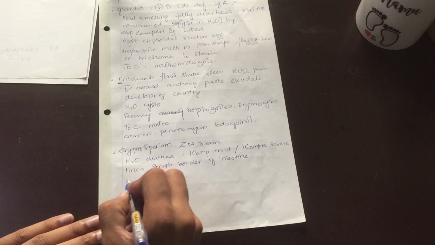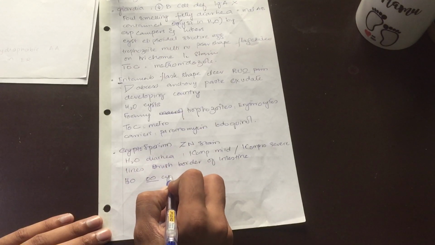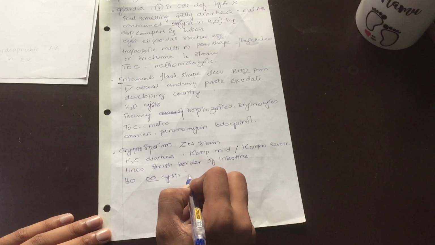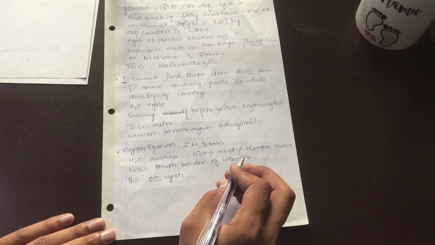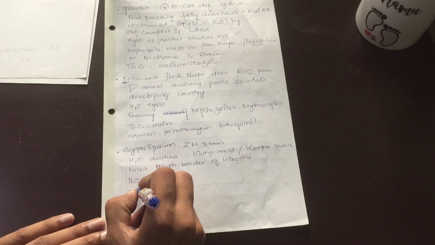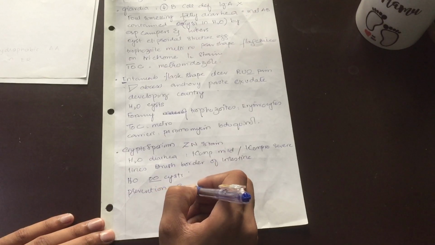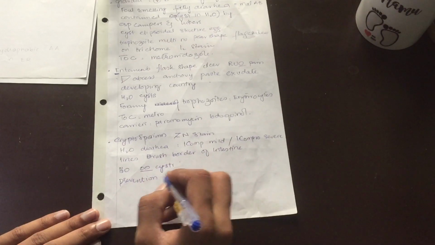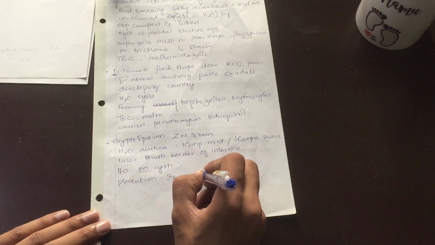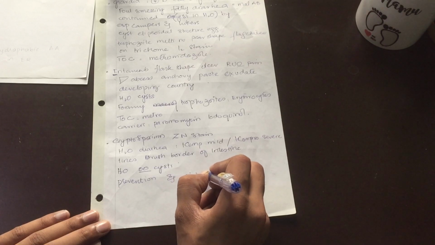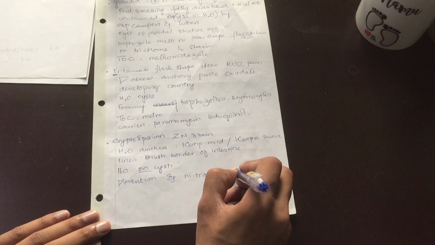and it is spread by contaminated water, by oocyst ingestion, and the treatment of choice is first preventing or filtering the water, and if that is not helpful, then you can use nitazoxanide.